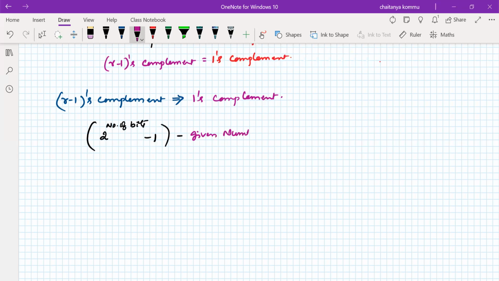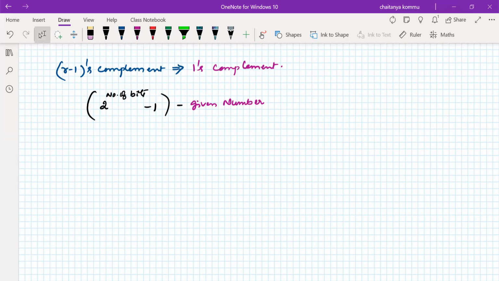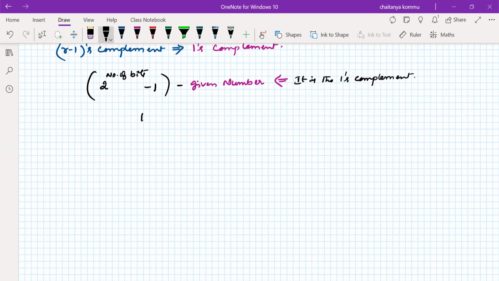This is how we perform the ones complement. If anybody asks you how to perform the ones complement, this is the procedure we have to follow. For example, I have given 1010. What is the ones complement of this number?